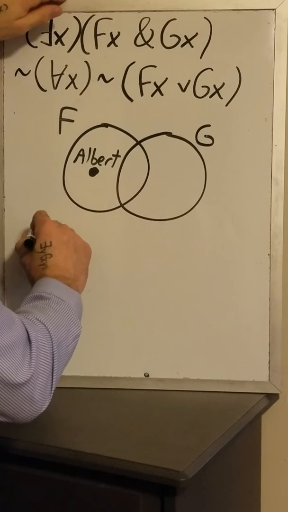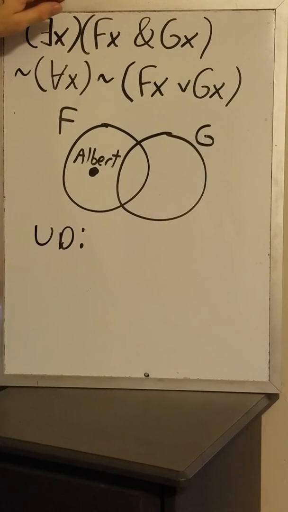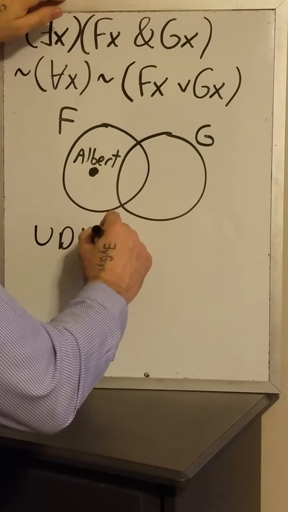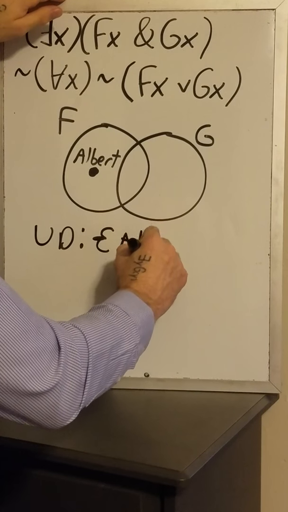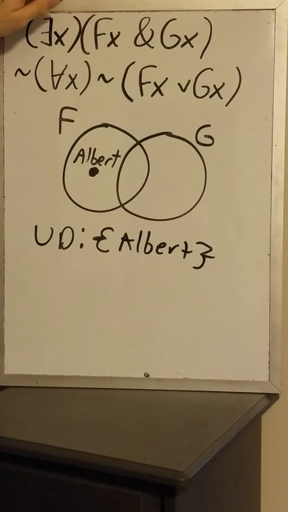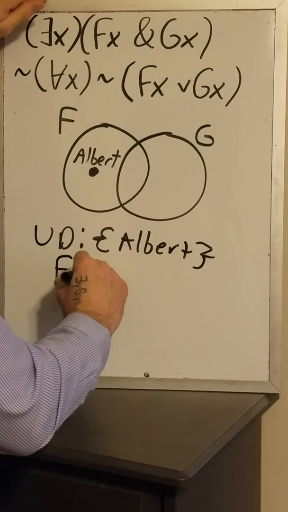Let's go ahead and give the formal description of the interpretation that we've sketched here. Our universe of discourse is Albert. The extension of F is just this ordered tuple with just Albert in it.